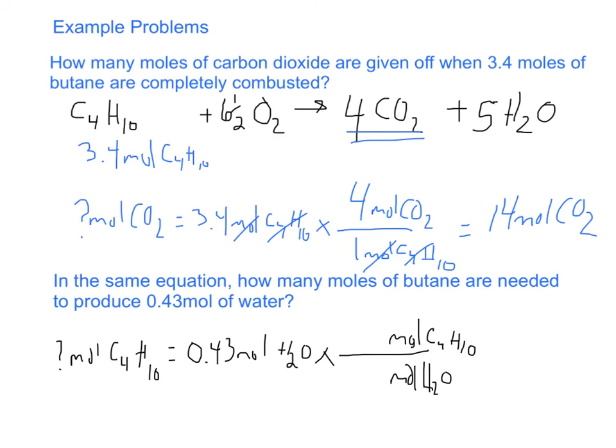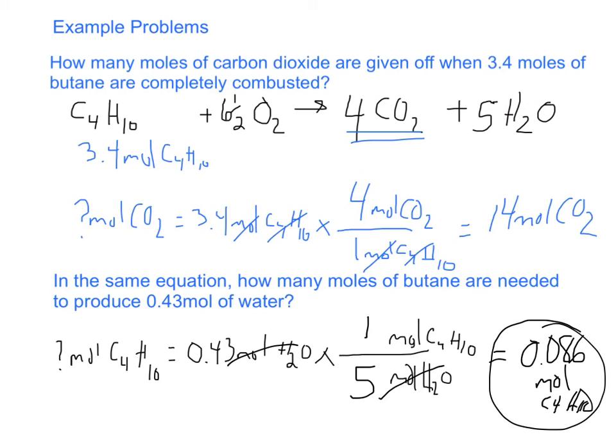Go up to the equation and pick it out. Water has a 5, butane has a 1. So it's 0.43 divided by 5. You need 0.086 moles of butane. And that's how these are done.